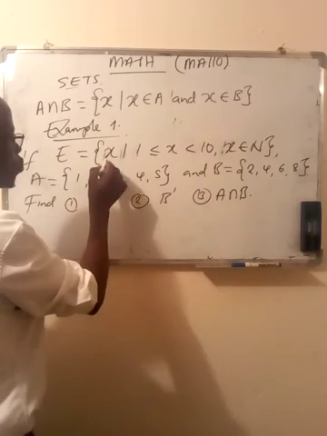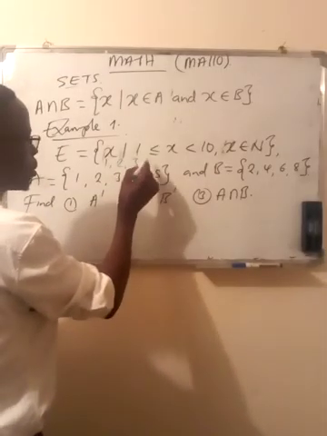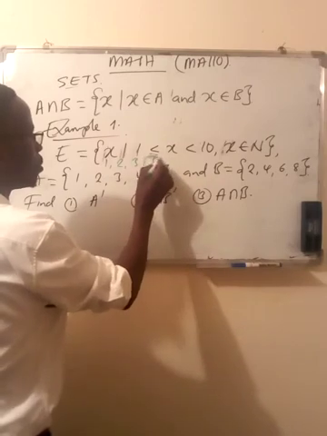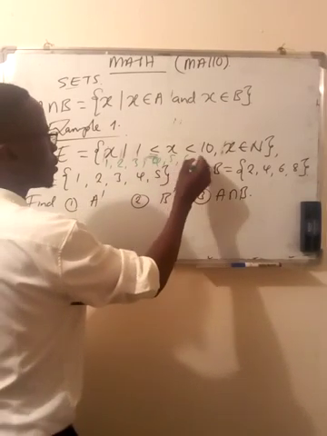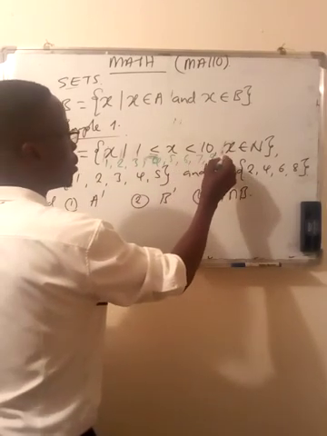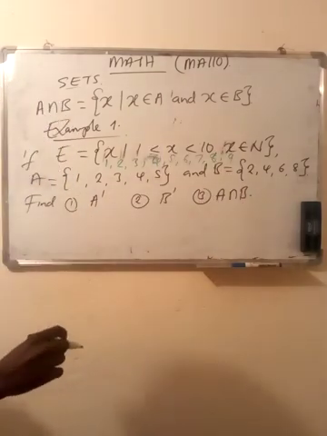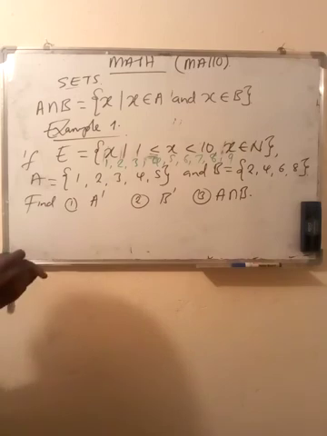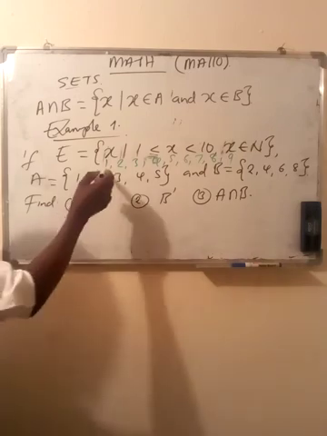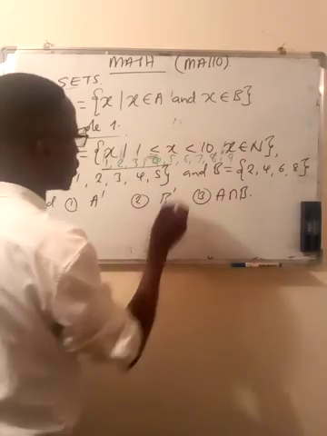So let's cancel out those that are in set A. You can see that 1 up to 5 are within set A. Therefore, A complement should be the set of elements 6, 7, 8, and 9.